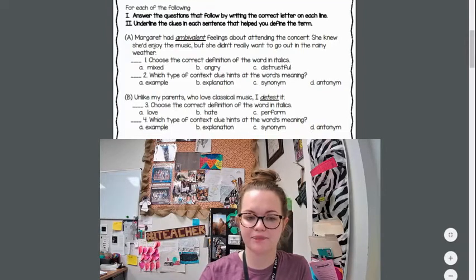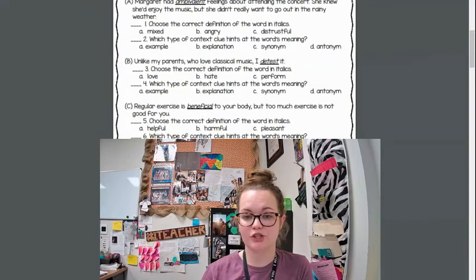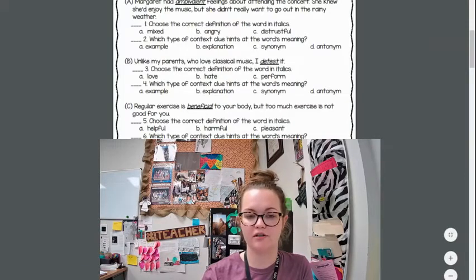Let's look at C. Regular exercise is beneficial to your body, but too much exercise is not good for you. Choose the correct definition of the word beneficial. Helpful, harmful, or pleasant. This is another one, the word but.